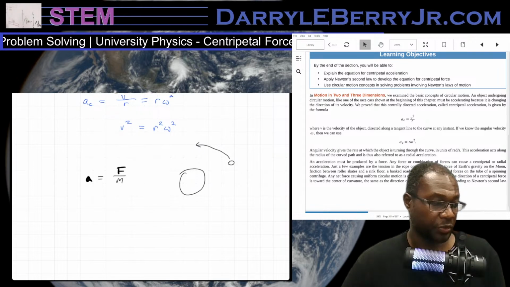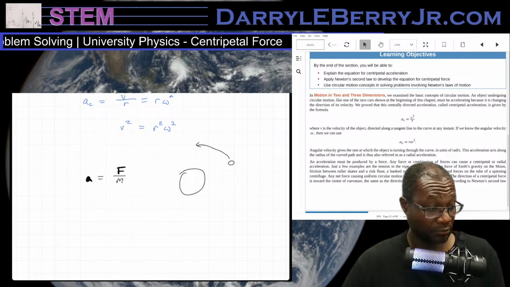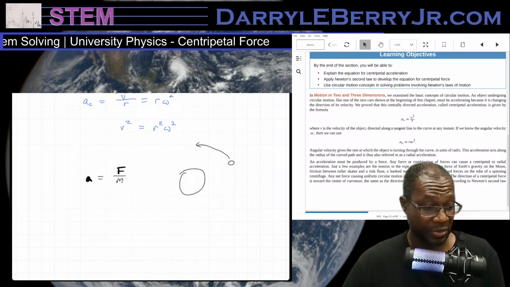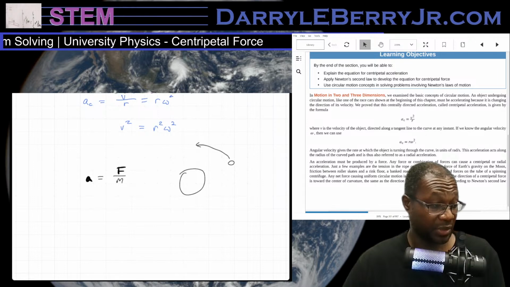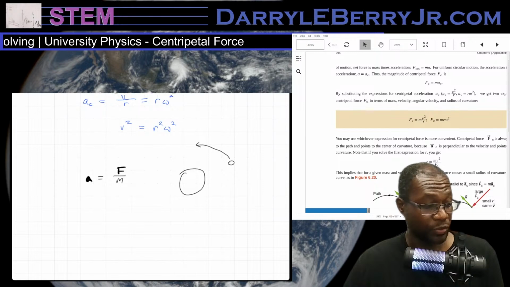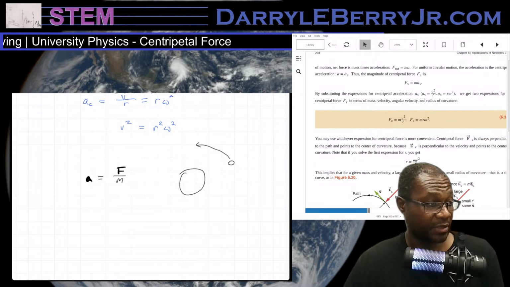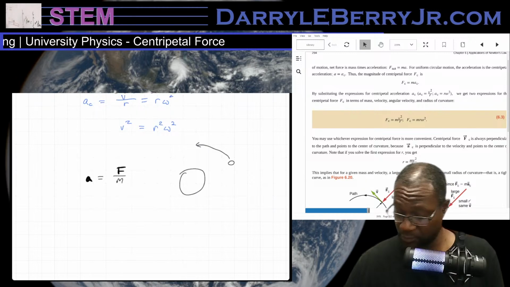Any net force causing uniform circular motion is called a centripetal force. So if it's uniform circular motion, it's a centripetal force. The direction of a centripetal force is towards the center of curvature, the same as the direction of centripetal acceleration. According to Newton's second law of motion, net force is mass times acceleration.